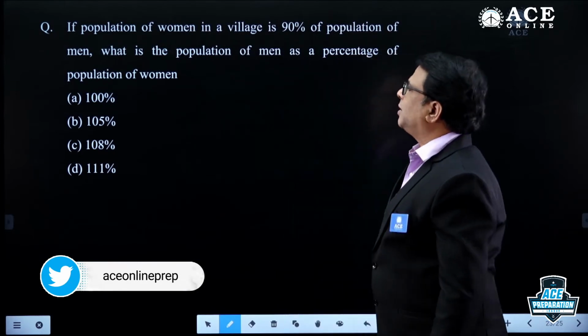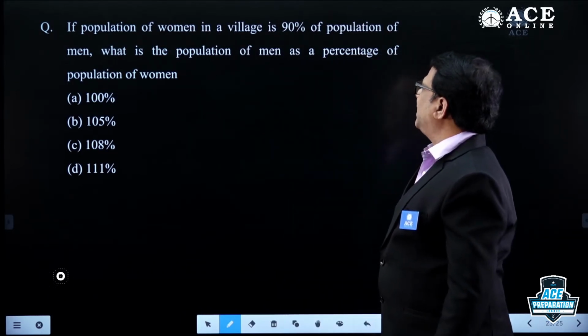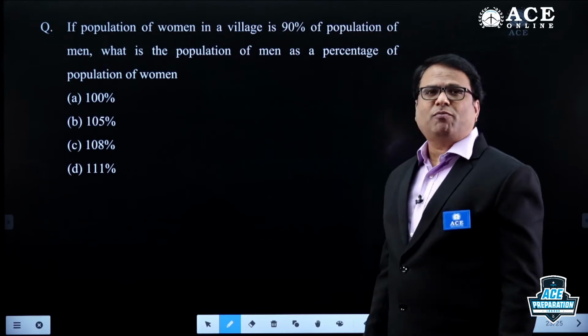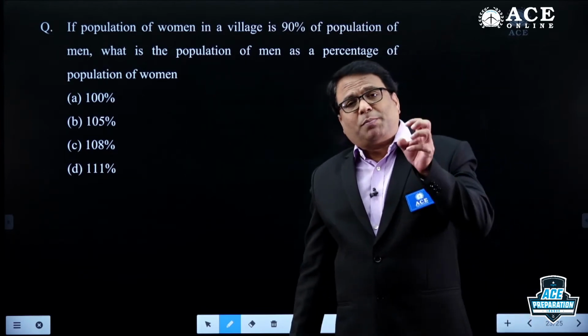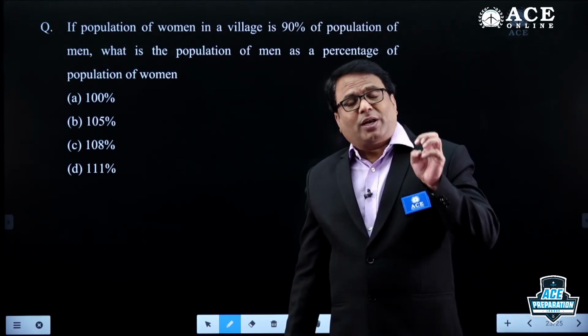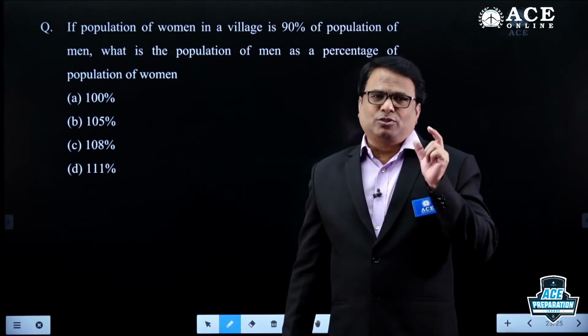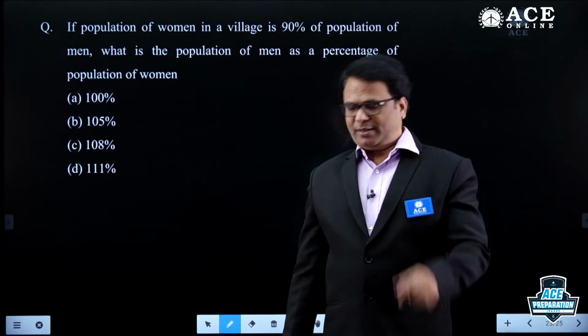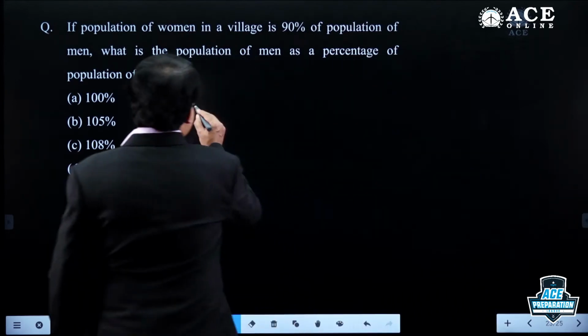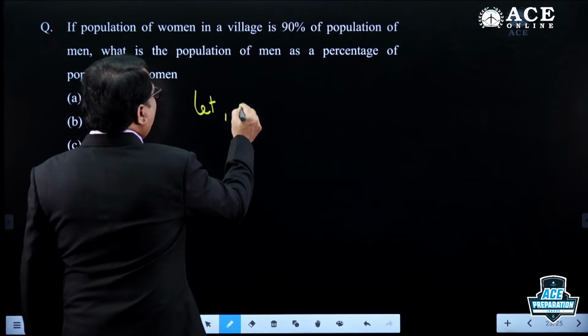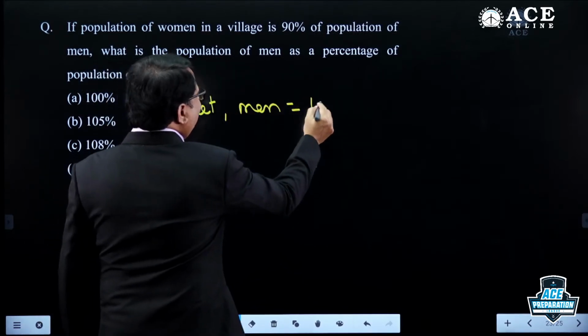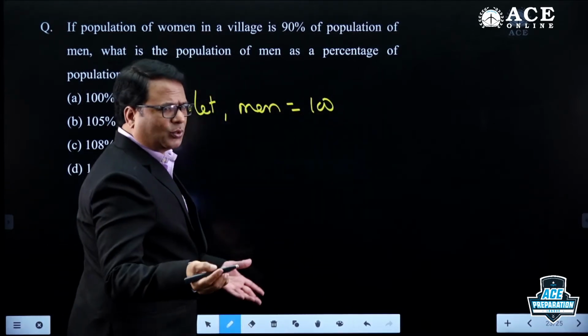Now, what is the first statement given? Population of women is 90% of population of men. So, unless you know the population of men, you cannot write population of women. So, I start with assuming the population of men. So, let number of men equal to 100. Men means number of men. So, you have to understand.